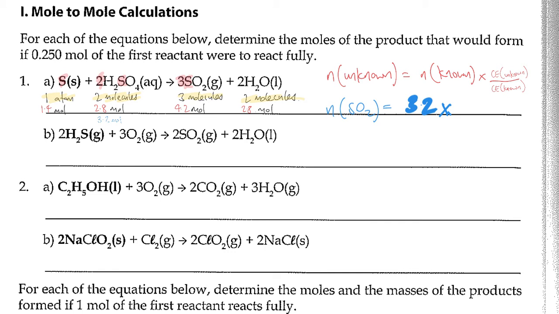Now, what's the coefficient of my unknown? My unknown is the SO2, which is what I'm trying to work out over here. So it's 3 over how much? 2. Happy with that idea? 3 over 2 will get me the number of moles of that, right? 3 over 2 of 3.2 is some value.